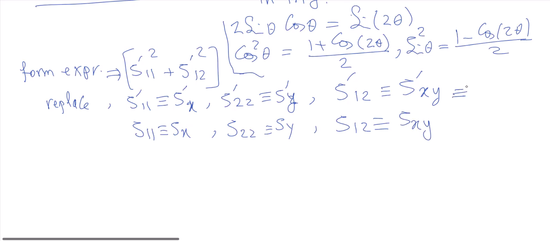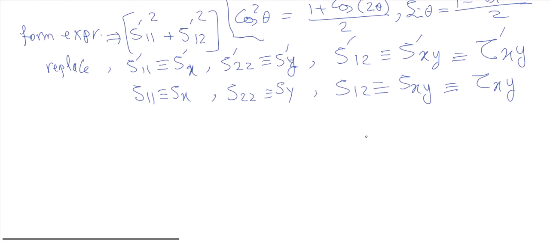Sometimes we write this as tau to indicate that these are shear. Symbol doesn't matter much, but sometimes it is useful to use the traditional symbols so we can compare with other references or sources.